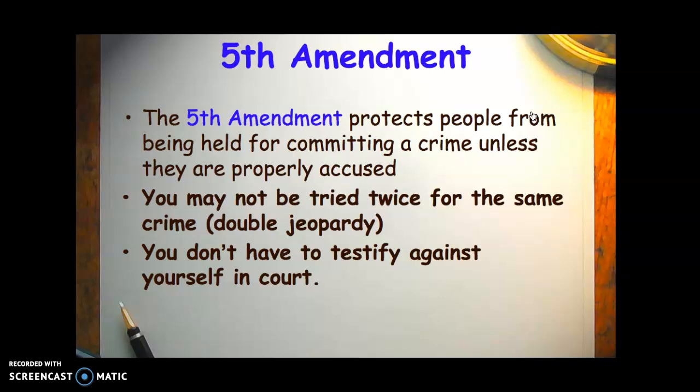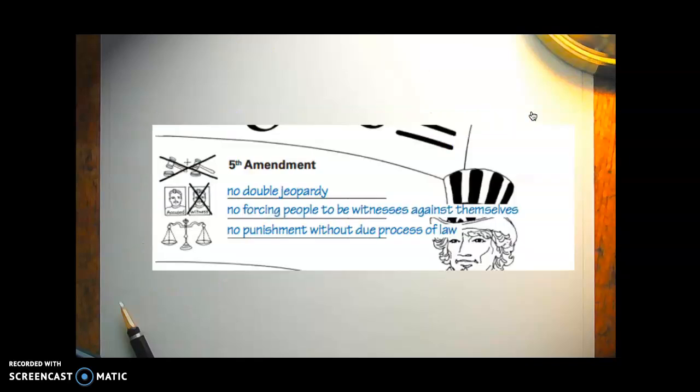You also have the right to not testify against yourself in court. You may have heard of the right to remain silent. That's what this is. You don't have to say anything at all to anybody that might get you in trouble. You have the right to keep your mouth closed and not say anything that would incriminate yourself.